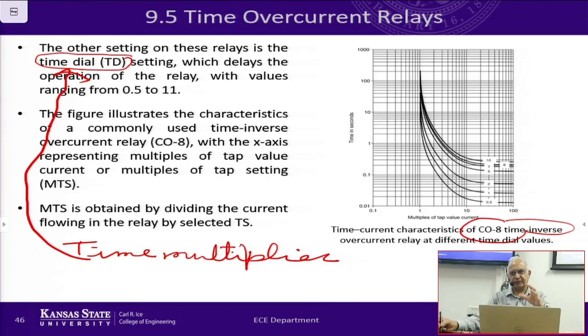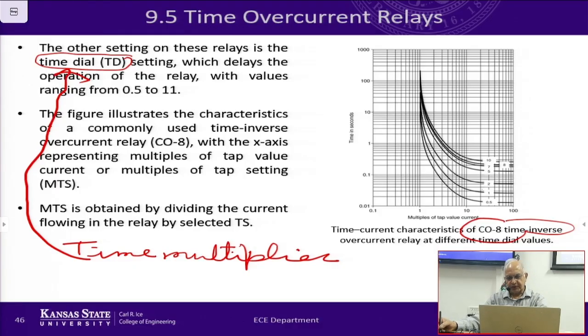So CO8 is an inverse characteristic, but it's not extra inverse, it's kind of in between. Now CO5, for example, is a little bit flatter curve. CO11 is extremely inverse. So there are different names that are used to provide these relay characteristics.